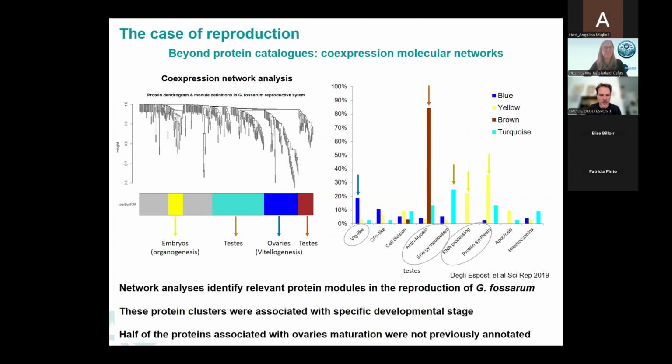So here I can show you some of the results. On the left side there is a dendrogram, and each branch is a protein.